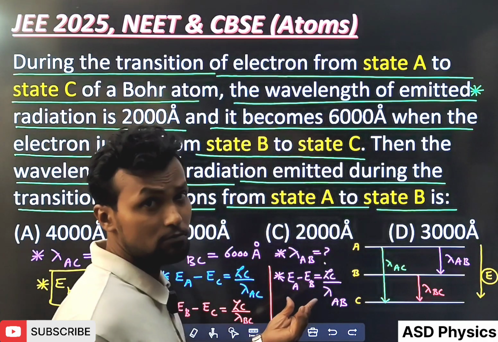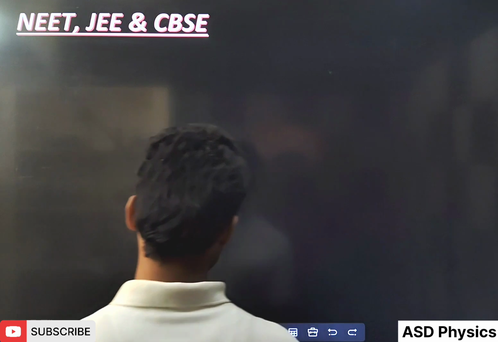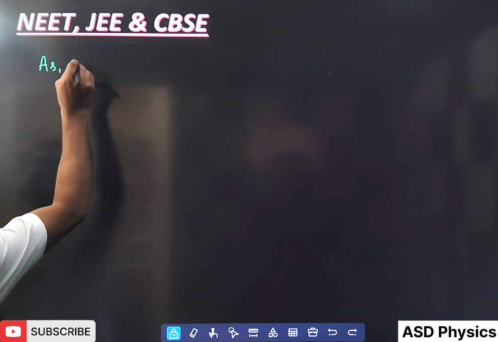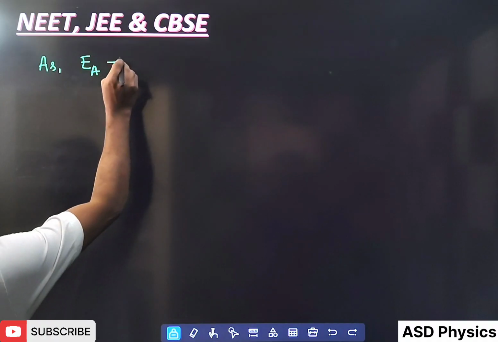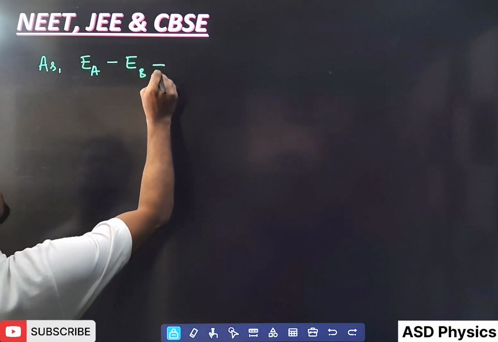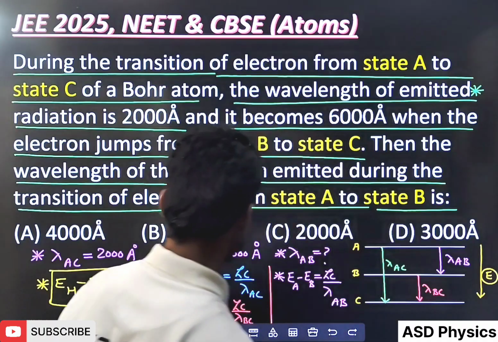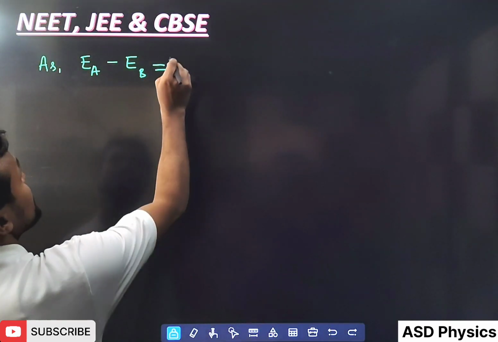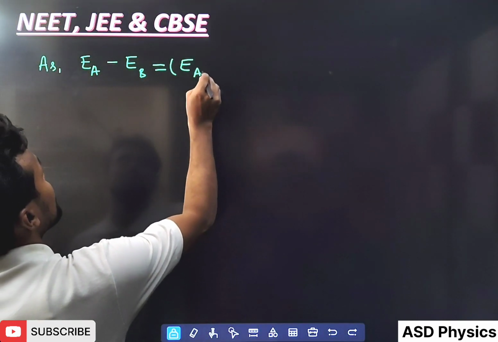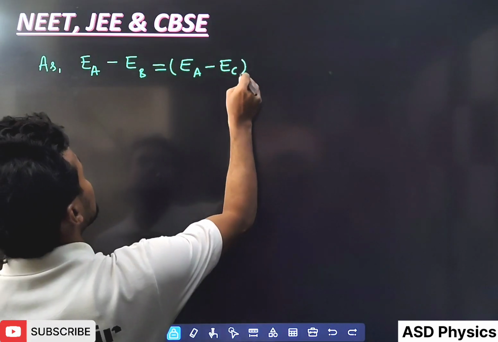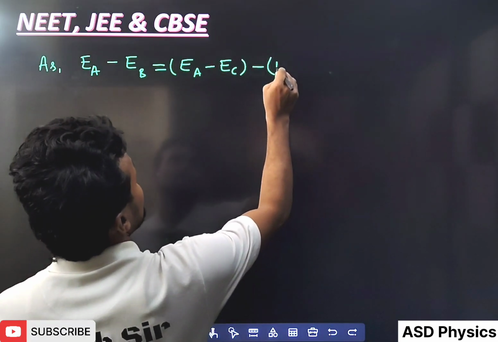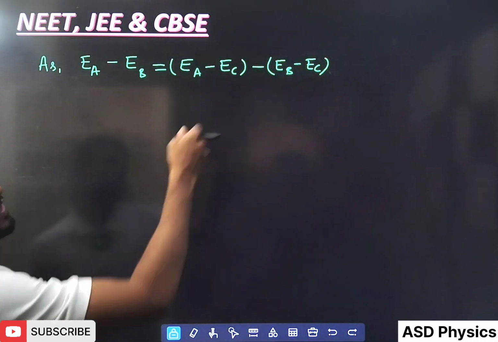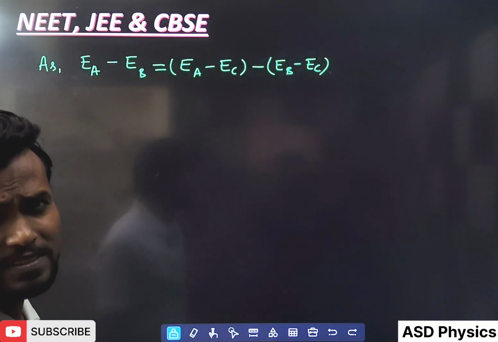Now, as we have to calculate EA minus EB, we will use a little bit of basics. Available to us are EA minus EC and EB minus EC. So EA minus EB I can write as (EA minus EC) minus (EB minus EC), because when you simplify this, it is EA minus EB only.